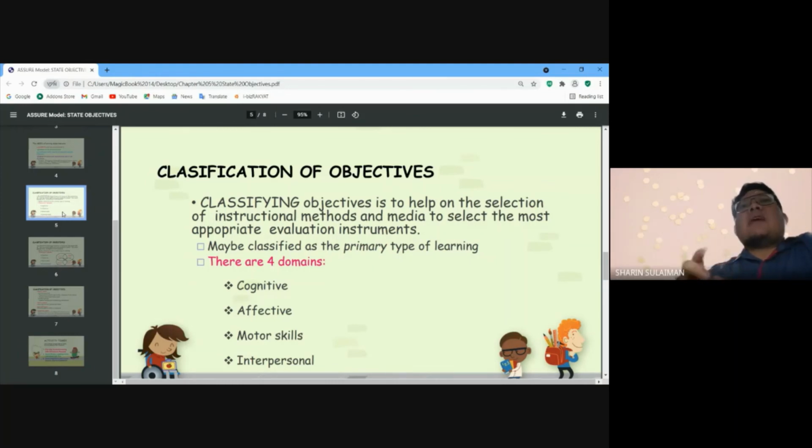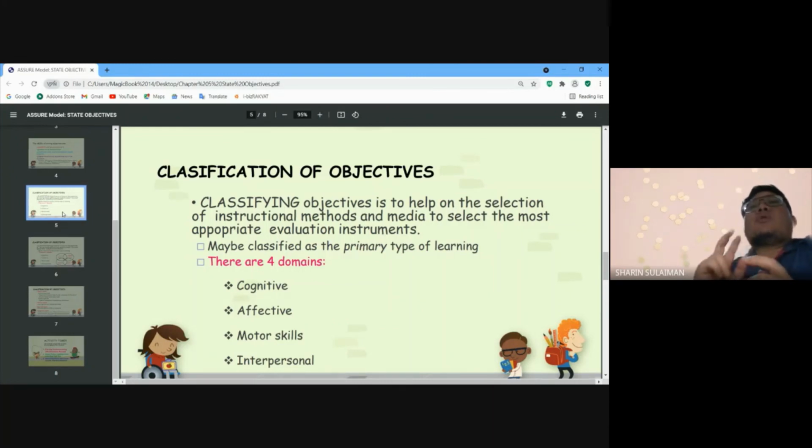Classified or categorized as the primary, the major, types of learning. The domains of objectives: the first is cognitive, more to mental processing. The second is affective.